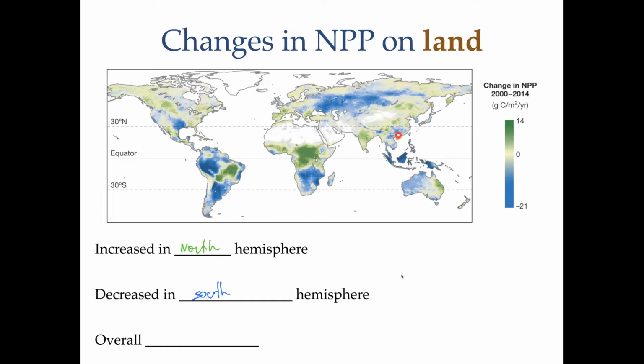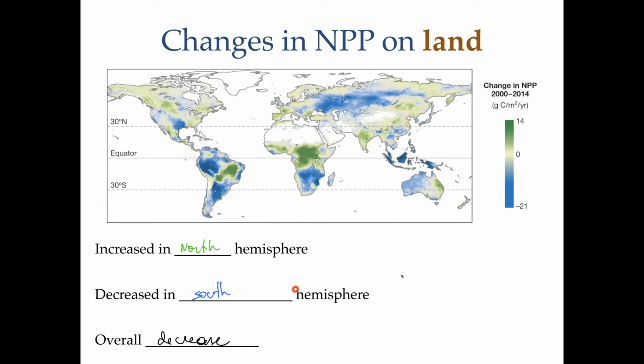But why would we have a decrease in the South Hemisphere? And if we balance both here, believe it or not, we're going to say that overall we had a decrease in net primary productivity in the world. And why is that the case if we are seeing an increase in the North Hemisphere? Because even though we had an increase here, the decrease in the South Hemisphere was so much more pronounced that it made the balance negative, and we are decreasing it.